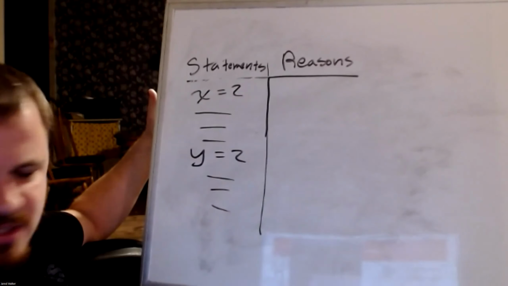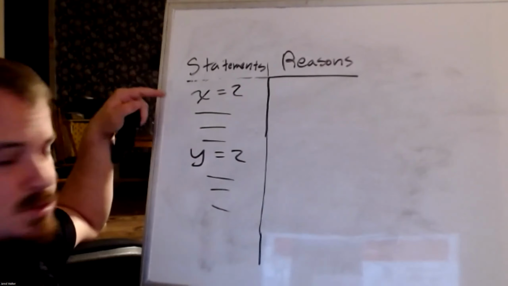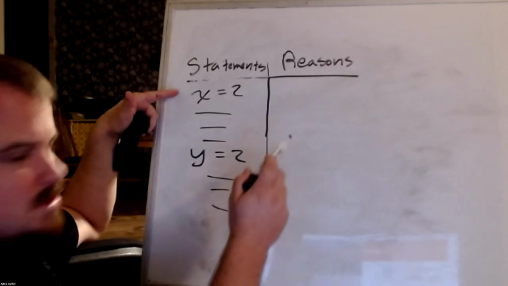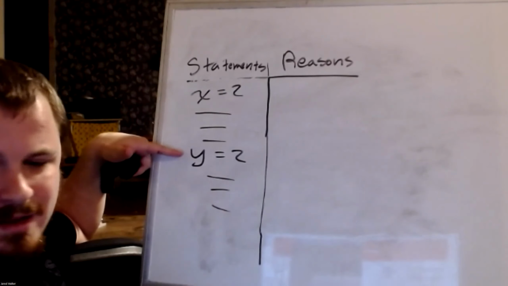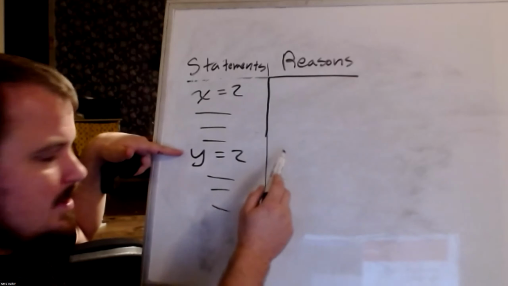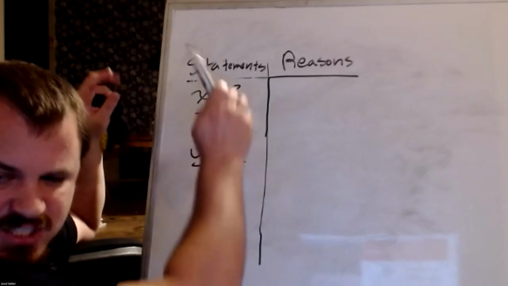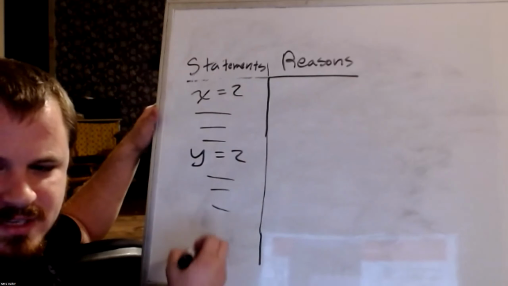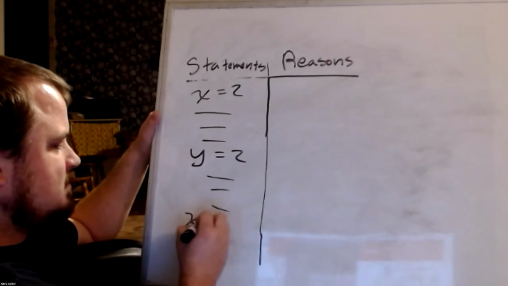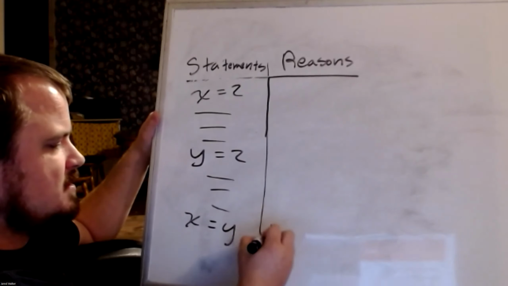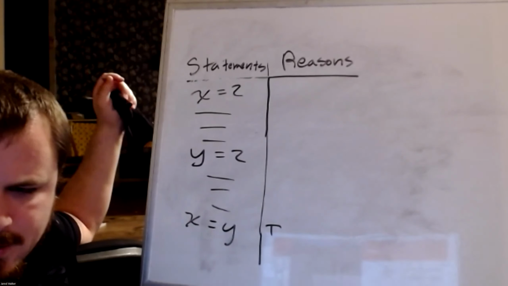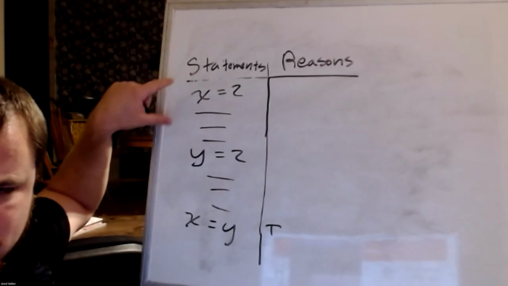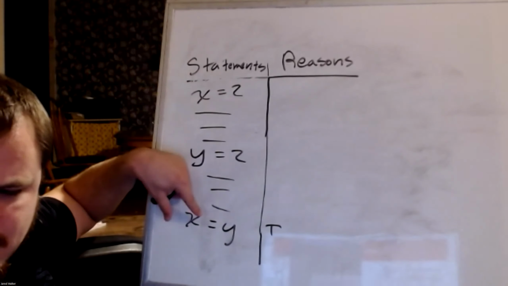We have some other statements. Well, then since we already established that x equals 2, and we got the person on board for that, and then we got y equals 2, and we got the person on board for that, this stuff's been established and argued for. I can do this: x would equal y. How come x equals y? Well, they're both 2. So if these are both 2, then they're both the same thing.